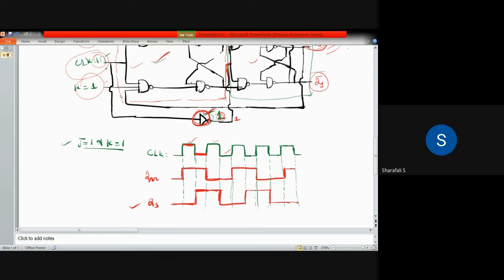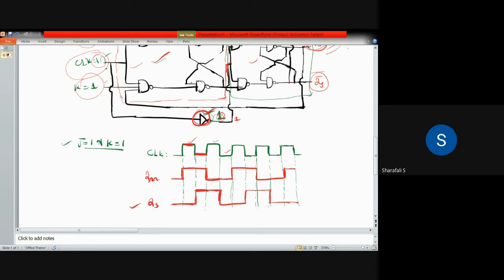For the master, it is going to toggle in each of these high clock pulses. When clock is equal to 1, it is going to toggle from 1 to 0 and 0 to 1, and like that. And for the slave, it will be toggling when clock is 0.